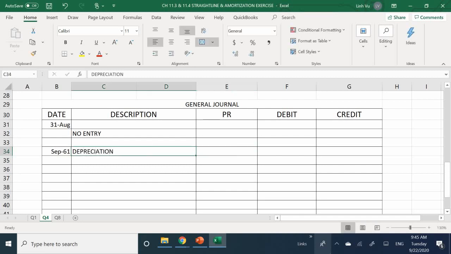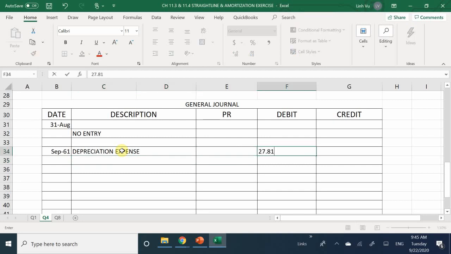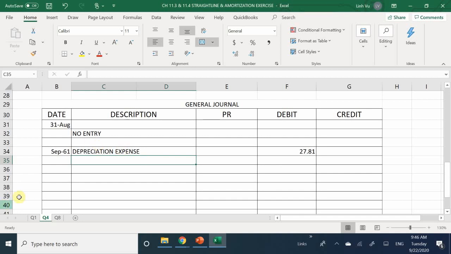Depreciation expense for $27.81. Okay, and then lastly, what is my credit going to be?